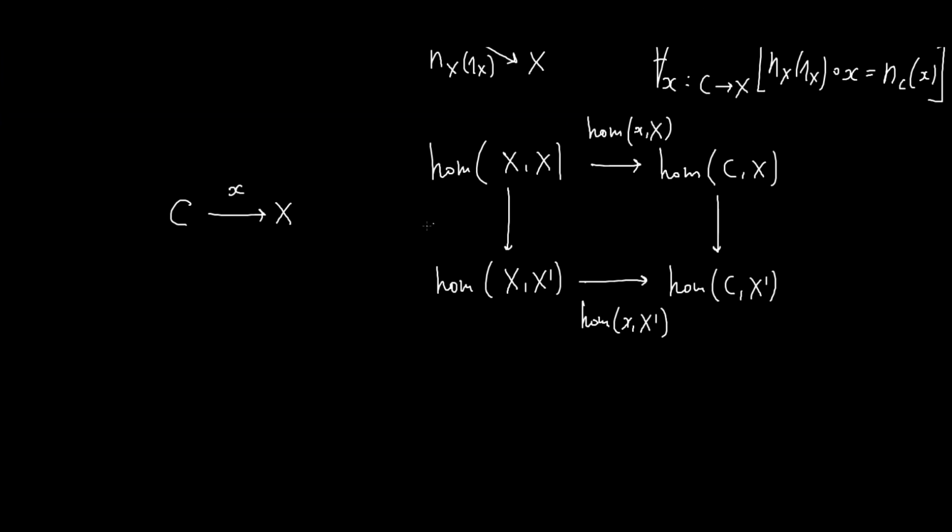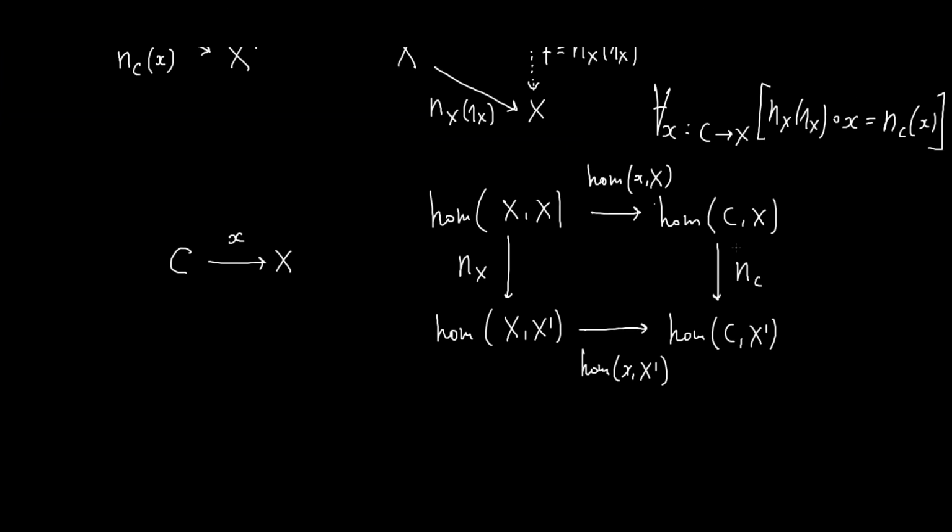The vertical maps are the components of my natural transformation. So this is the X component of n, and that one is the C component of n. I've drawn here nothing other than an instance of the naturality square. This square must commute for every arrow X by definition of the natural transformation.